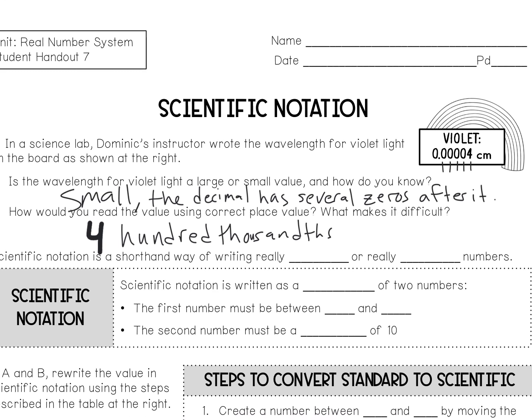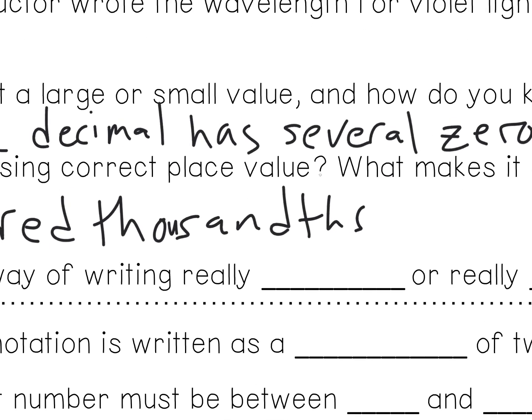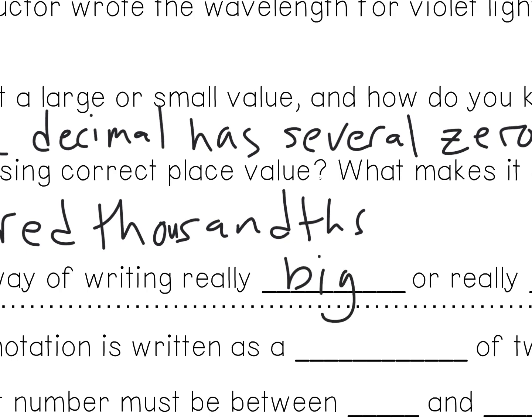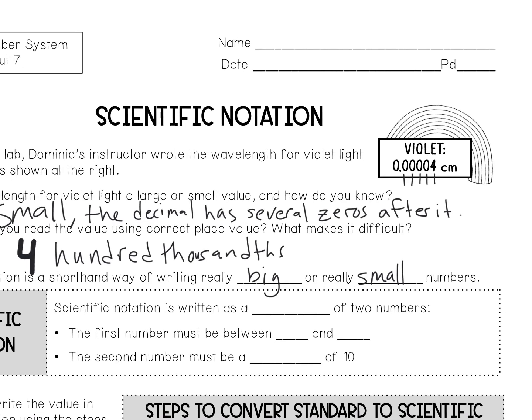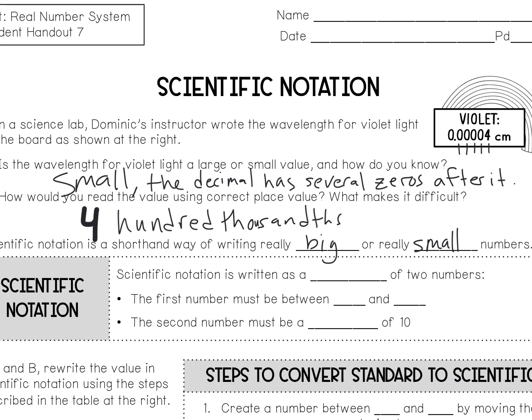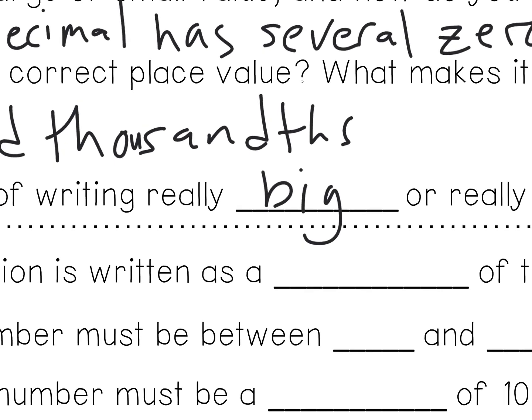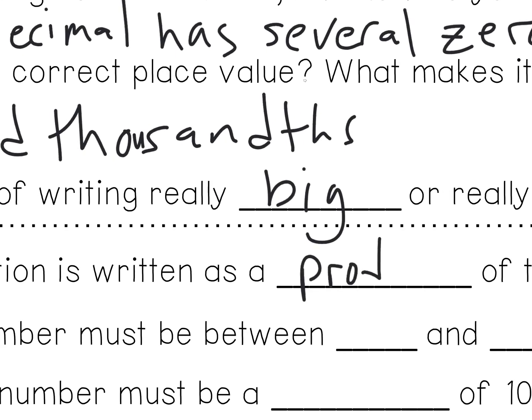Okay, so we don't want to count all those numbers all the time. So instead of doing that, scientific notation is a shorthand of writing really big or really small numbers. It's a way to write these things in a shorter way that is nicer to see. So it's written as a product of two numbers.